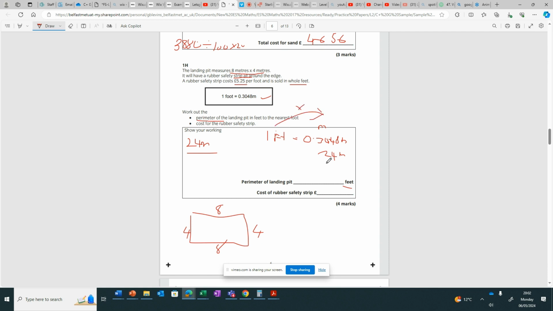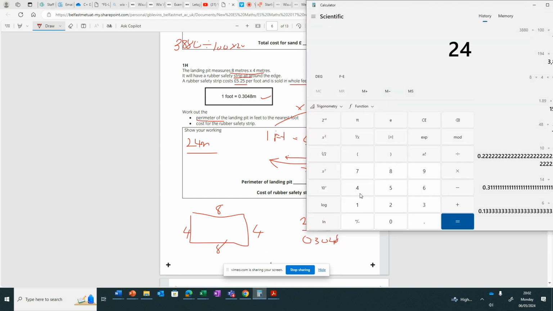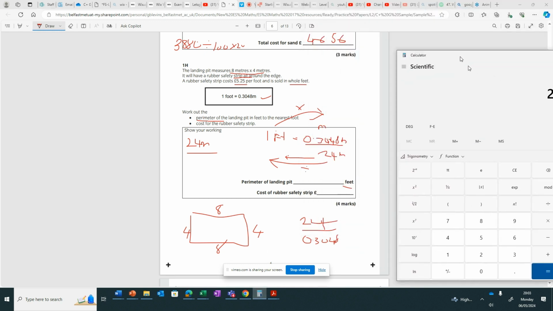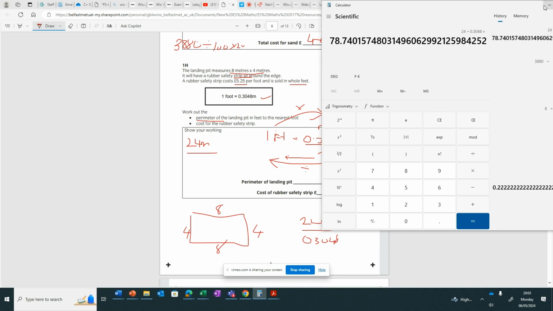In this case, we're going this way, so we're dividing. We're taking our 24 and we're dividing it by the conversion factor. So you're always multiplying or dividing by this conversion factor. So we take 24 and we divide it by the conversion factor, which is 0.3048, and we get 78.7 feet.